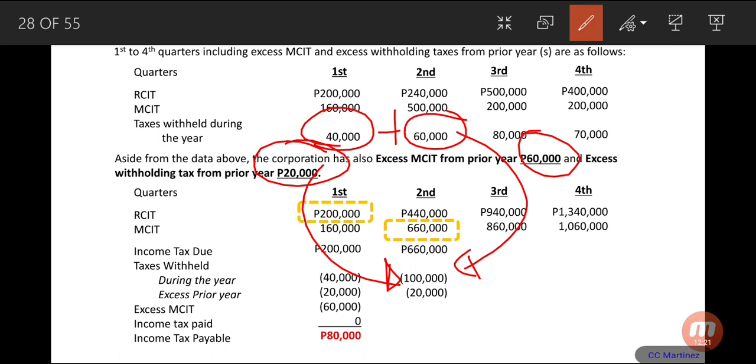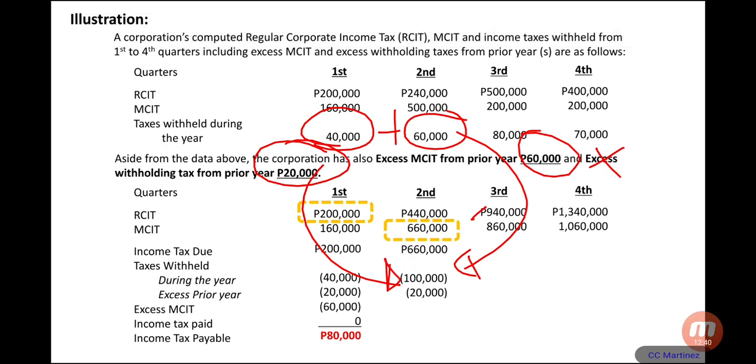Of course, hindi. Bakit? Kasi ang ginamit na natin dito sa example na mas mataas na taxes due natin is yung MCIT. Sabi natin, ginagamit lang natin yung excess MCIT kapag mas mataas yung RCIT. Okay? So, for the excess MCIT, 0.